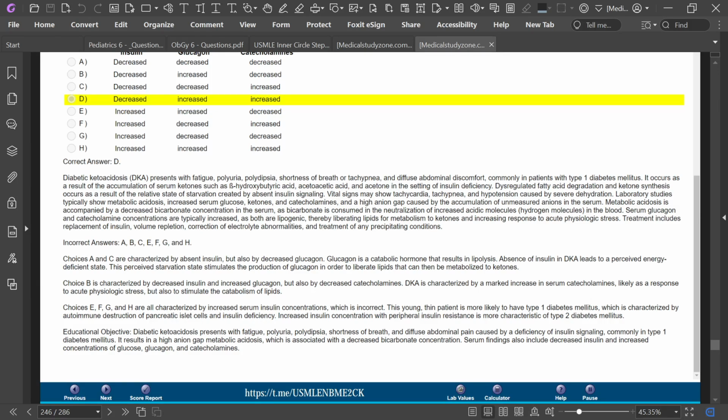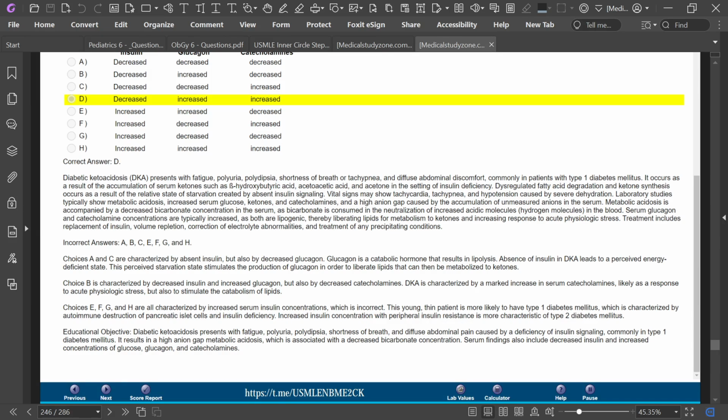It occurs as a result of accumulation of the ketones such as beta-hydroxybutyric acid, acetoacetic acid, acetone in the setting of insulin deficiency, dysregulated fatty acid and ketone synthesis as a result of a relative state of starvation created by absent insulin signaling.